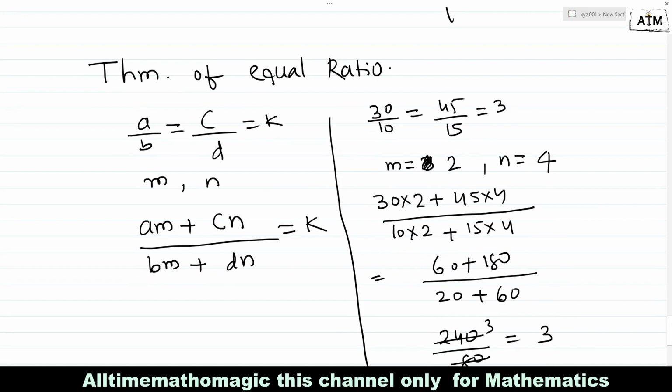This type of theorem is called the theorem of equal ratio. In place of m equals 2, n equals 4, you can select any number. If you select m equals 10, n equals 20, then also you will get the same answer. So this theorem is called the theorem of equal ratio.